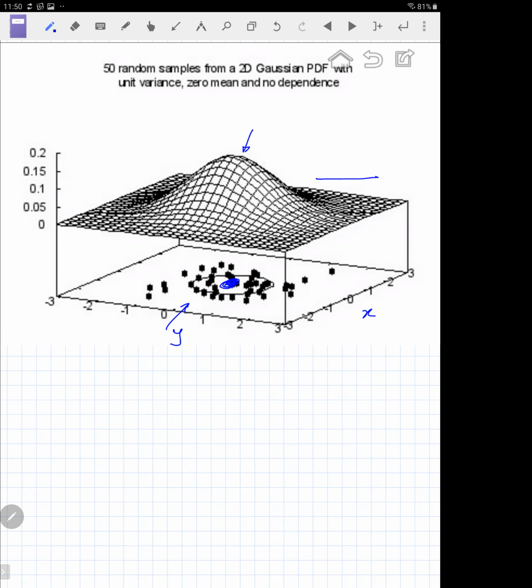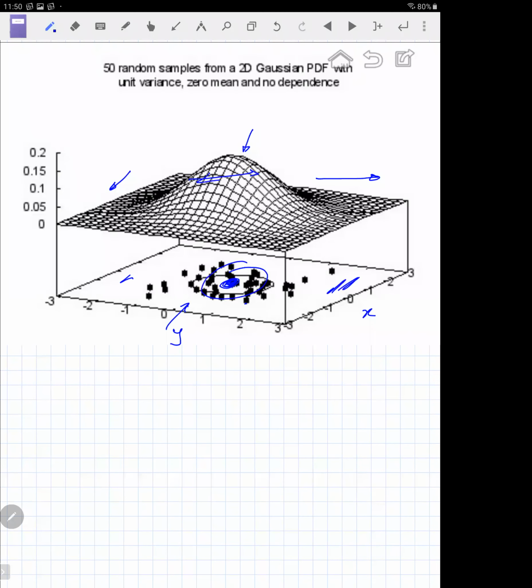As the probability reduces in this direction, both x and y start becoming sparser, and the joint occurrences of specific values of x and y outside of this range of variance start becoming sparser and sparser. That's why you see very few data here, but a lot of data over here.